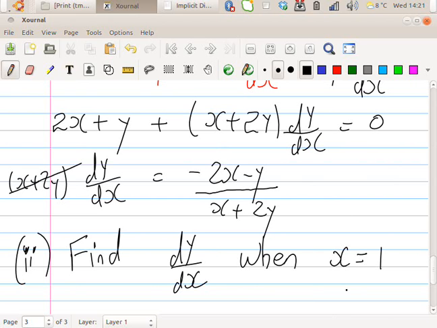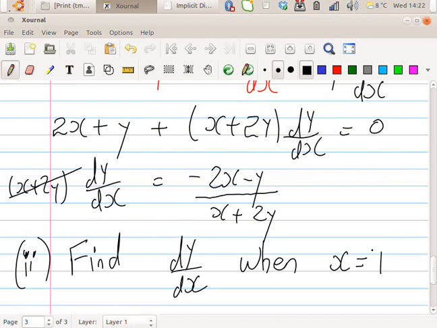So what would I normally do? Substitute in. If I put x equals 1 into this, am I finished? No, what's the problem? So how can I find the y?